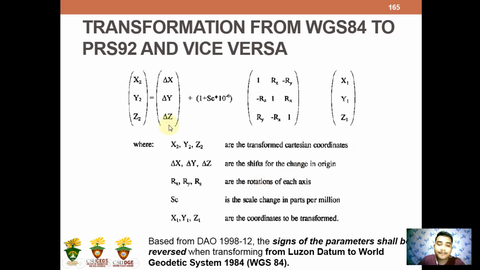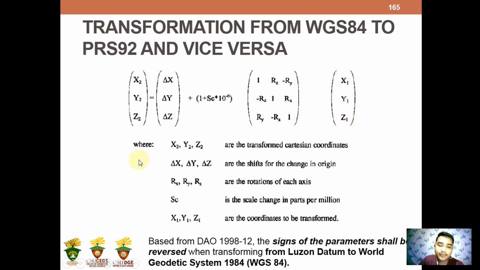So, we have here the formula: x2, y2, and z2 is equal to delta x, delta y, and delta z plus 1 plus the scale times 10 raised to the power of negative 6 times the matrix 1, rz, negative ry, negative rz, 1, rx, ry, negative rx, and 1, times x1, y1, z1.